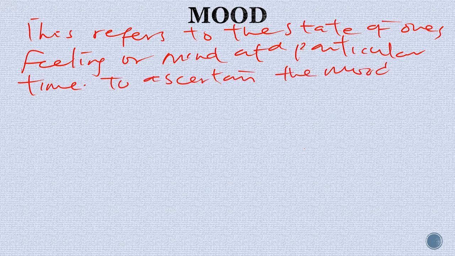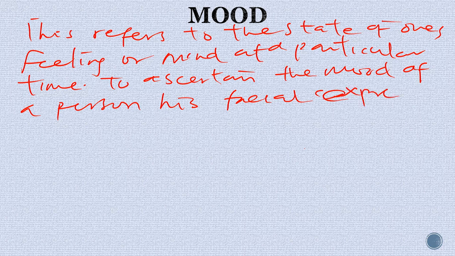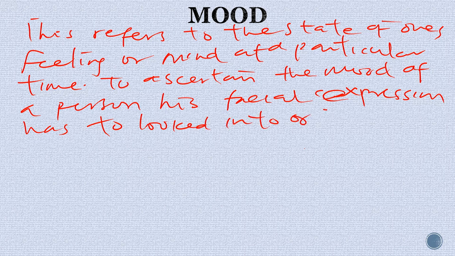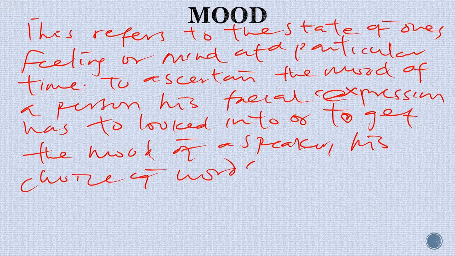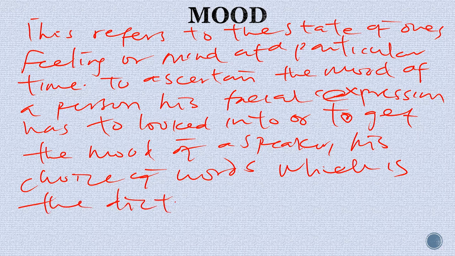Now, to ascertain the mood of a person, his facial expression has to be looked into, or to get the mood of a speaker, his choice of words, which is the diction, has to be observed.